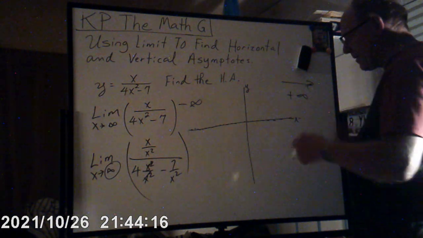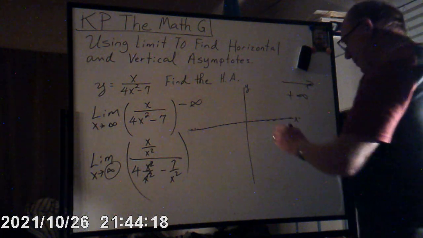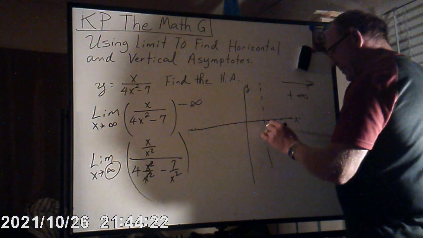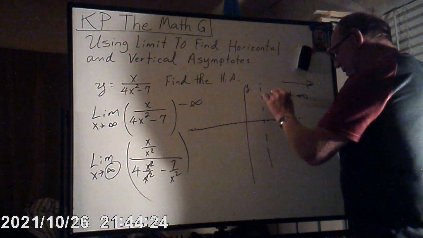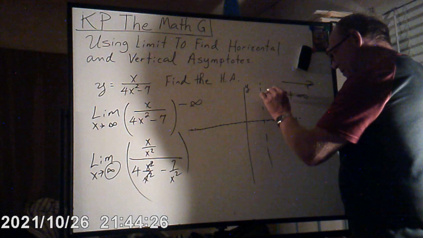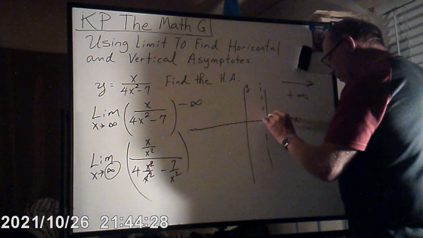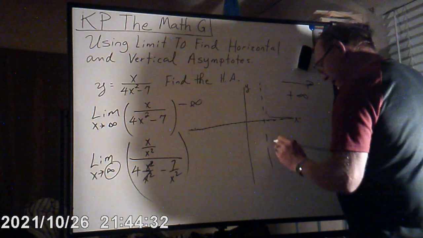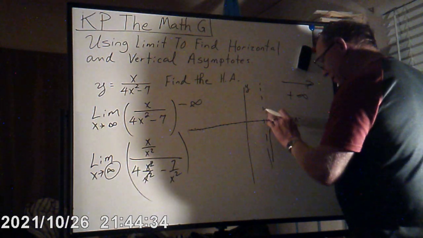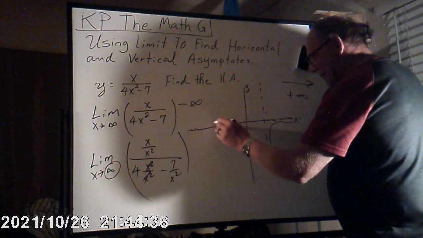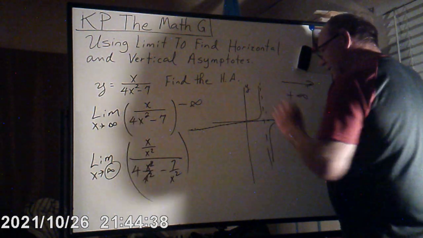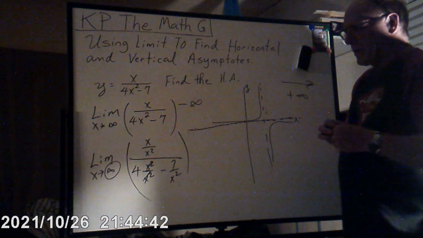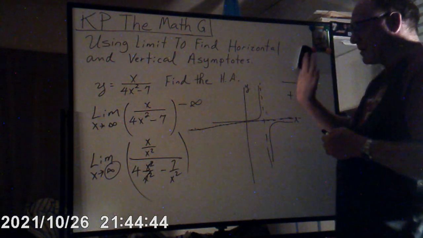So wherever that is, somewhere positive over here, the graph is either going to go this way or it's going to be down here. It's either going to do this or it's going to do that. So that's what we're talking about when we talk about infinity.